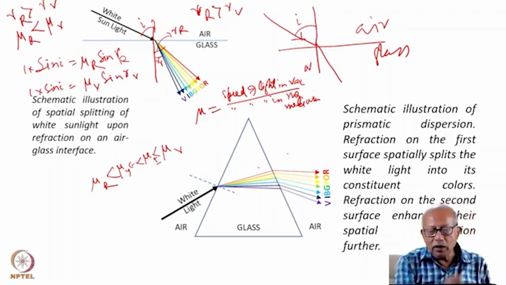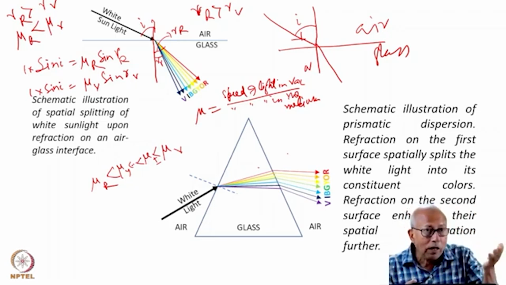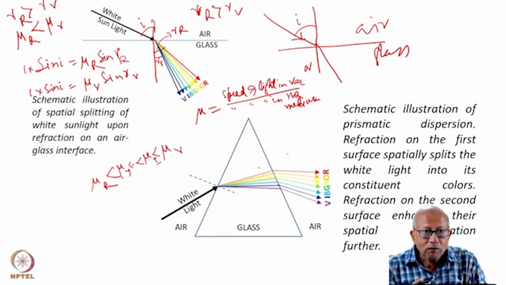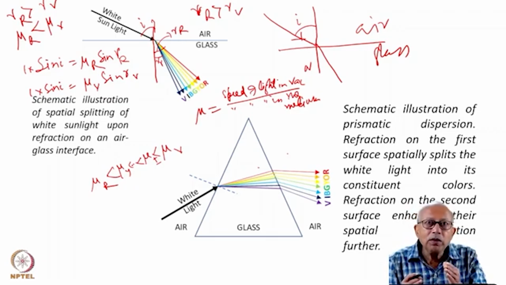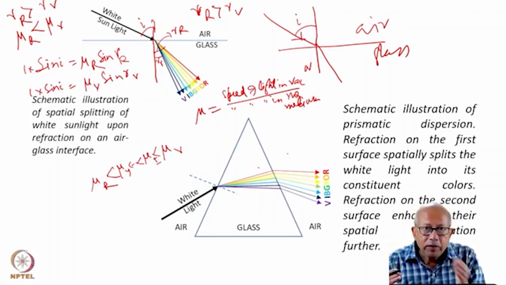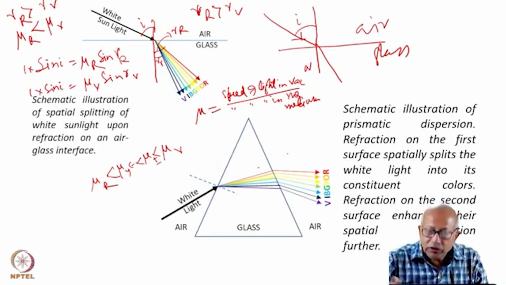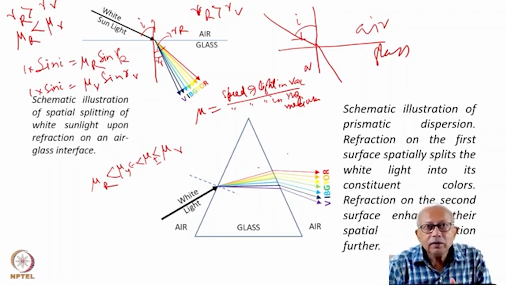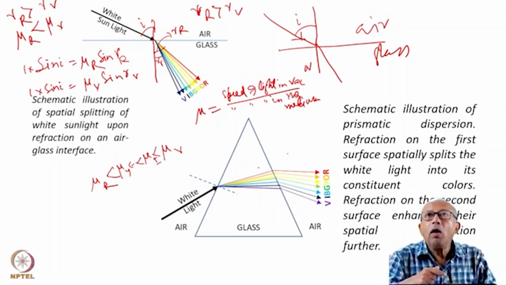And you have seen in one of the earlier classes that if you put a prism inside the cavity of the laser, then the prism actually splits different modes spatially, allowing the laser to go on a single mode, and by changing the orientation of the prism or the output mirror, you could actually tune the color of the laser, that is the oscillating mode.